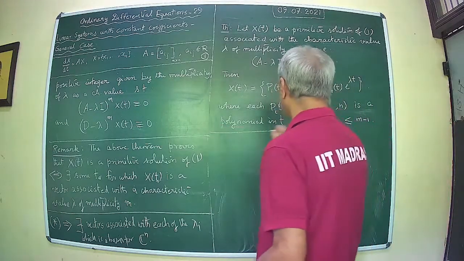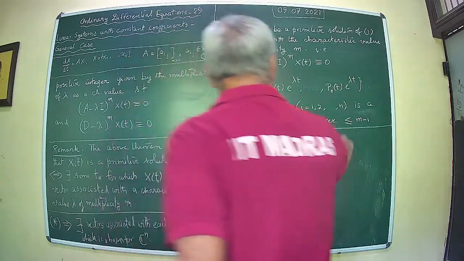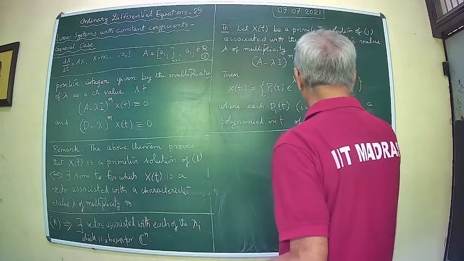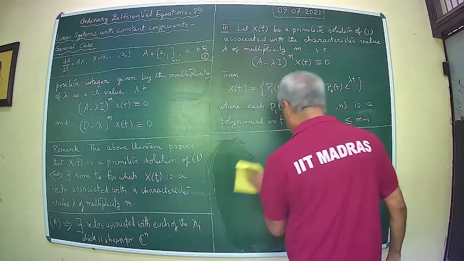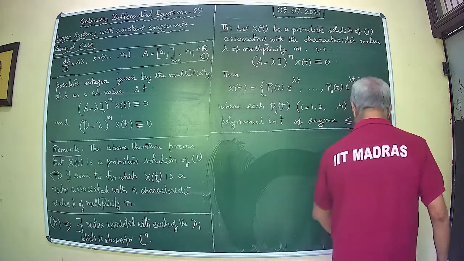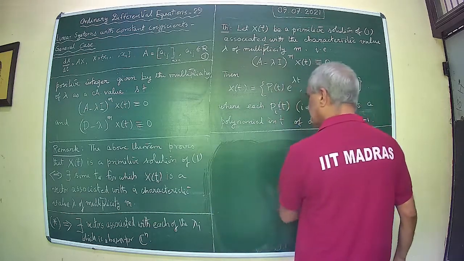So once we prove this, here we are saying it is of degree at most m minus 1, or it can take all possible values and then give you sufficiently many solutions. It spans the solution space.